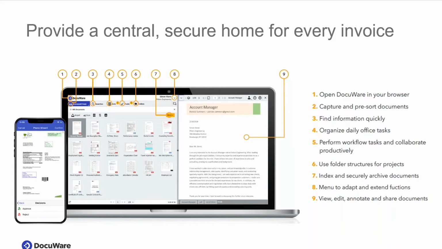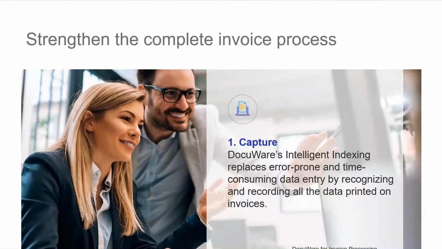When it comes to invoice processing, there are lots of different tools you're going to need in order to get the right data and get the information to the correct people to process your invoices. One of the first tools we give you is a capture tool that has our artificial intelligence of intelligent indexing built into it, so we can capture data off of your invoices quickly and more efficiently. This takes away the human-prone error of manual typing, missing a decimal point here or there, or misspelling a name.